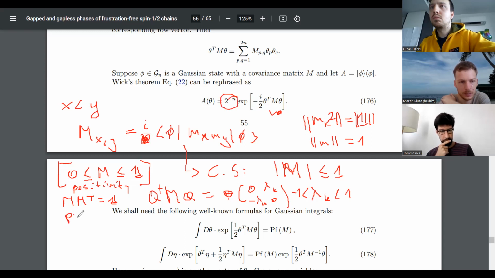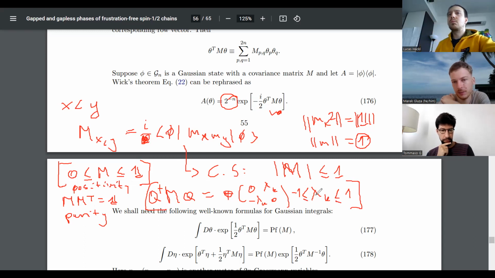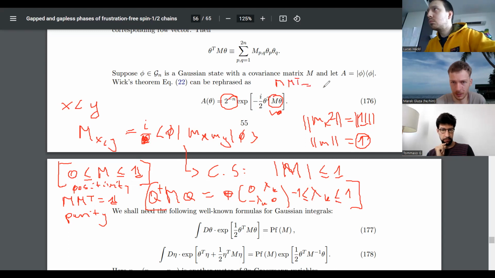And this is purity. Yeah, and it's coming from this normal decomposition. And we kind of see that we cannot be larger than 1. Purity is when you go to the bound, and positivity is sitting inside of this interval. That's what we need here. Okay, so those are the conditions, which means, Lucas, you're right asking about this. We will always have in this paper M squared equal to identity. That's something we will always have.